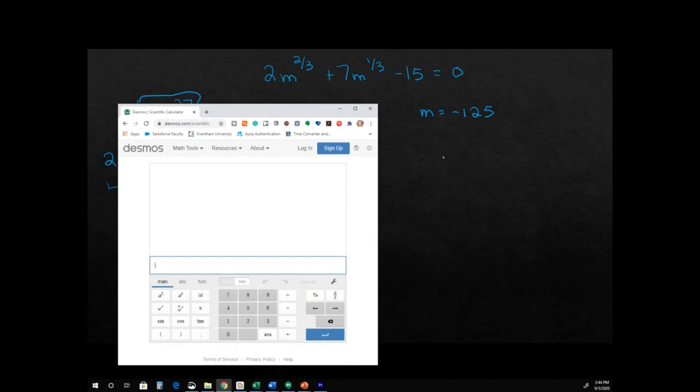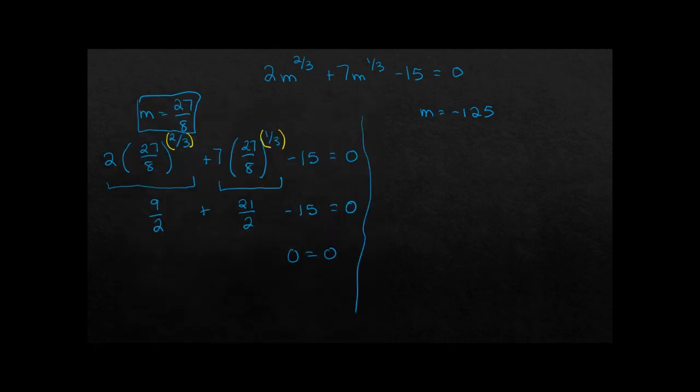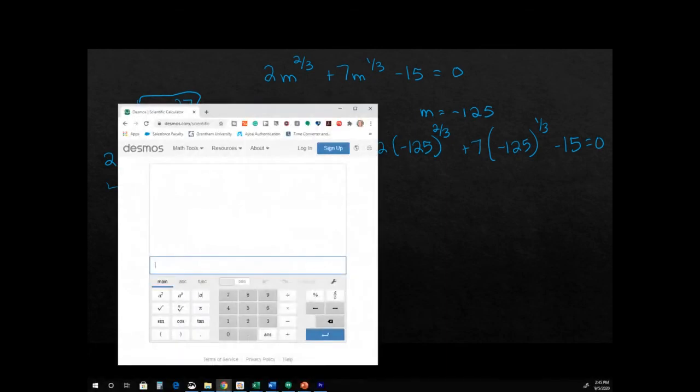Before I use Desmos, I'm going to write out what it is that I'm actually entering in. So we're doing 2 times negative 125 to the 2/3 plus 7 times negative 125 to the 1/3 minus 15 equals 0.